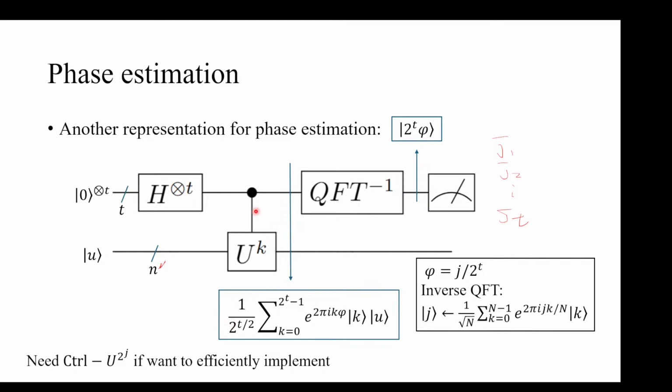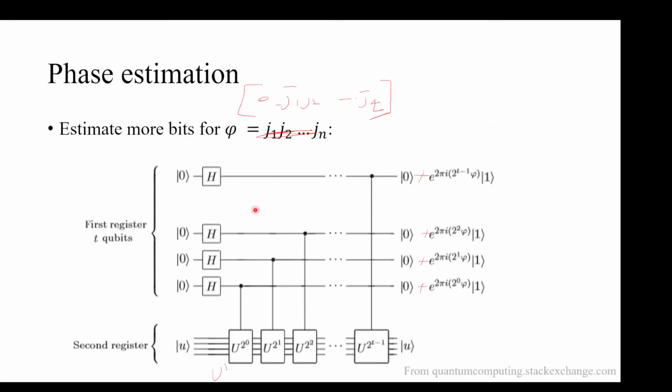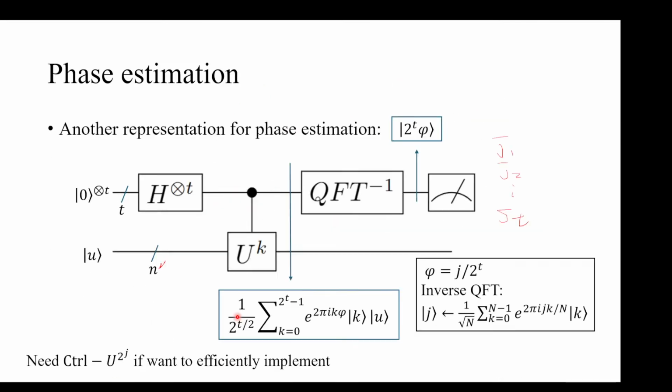Then instead of having separate control on each qubit, we control on the first register being some k, then apply U to the k.